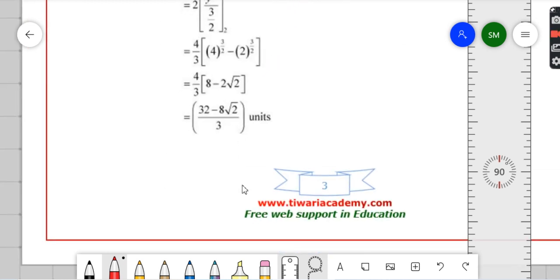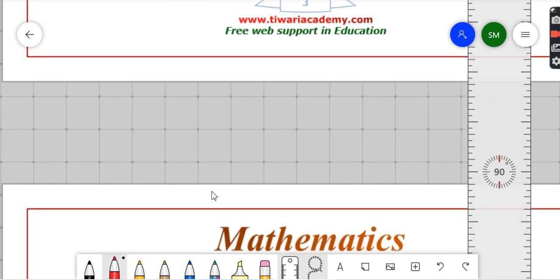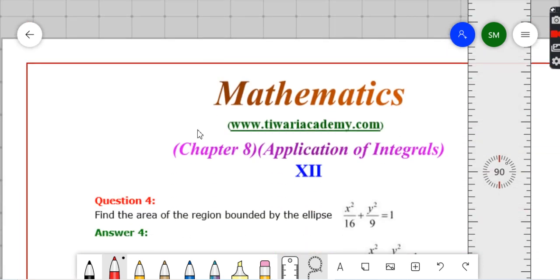Right? So not very difficult to calculate. So the first three sums are very easy, very simple, very easy to understand, no need of very long calculation. Now we will calculate question number 4.